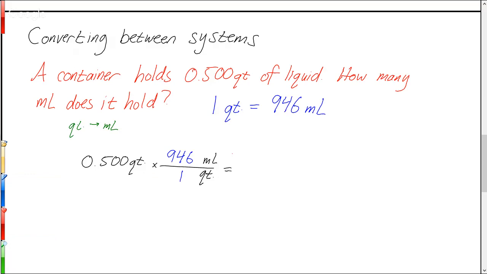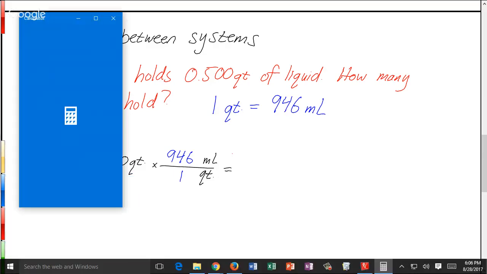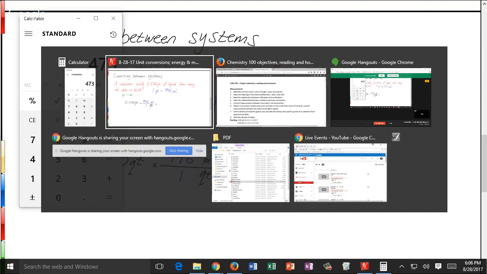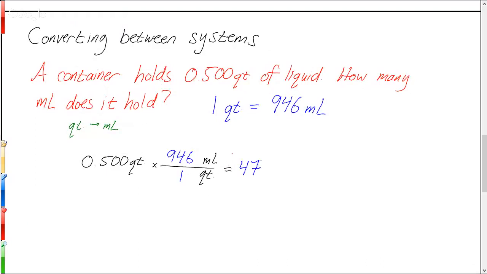We multiply by everything on the top and divide by everything on the bottom. We can ignore all the ones. So that means we can just say 0.5 times 946, which is 473. All right, so half a quart is 473 milliliters.